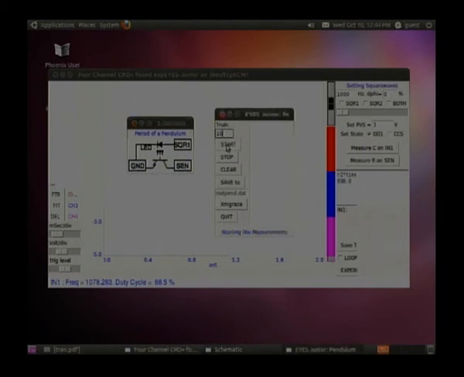Now, start the measurements. You can see it is making the measurement, and the time for one oscillation is something like 434 milliseconds. So, you clear this and do another set of measurements. You can do it any number of times. If you want to measure 20 times, you just enter 20 there and start.